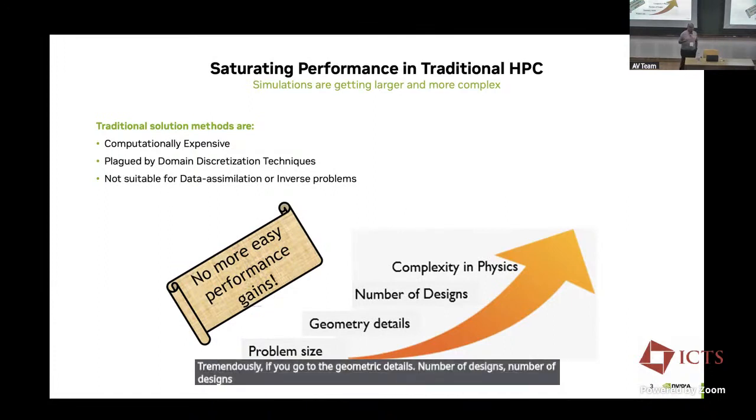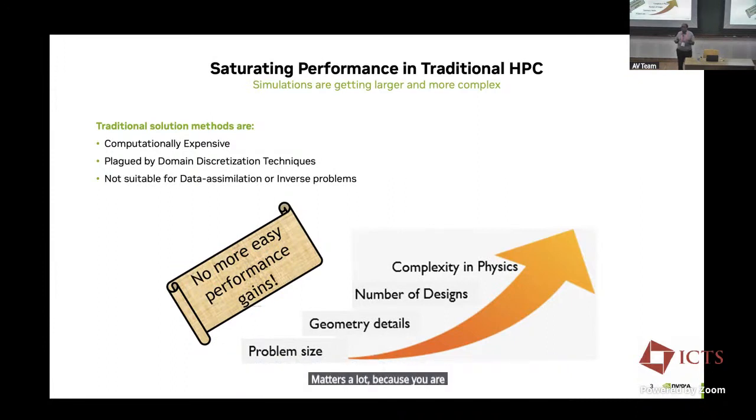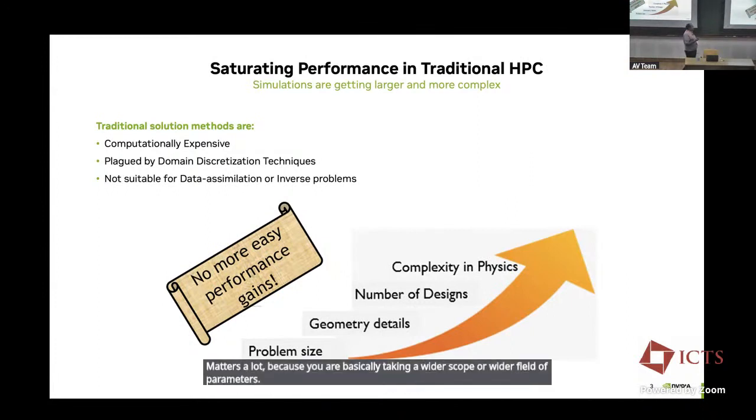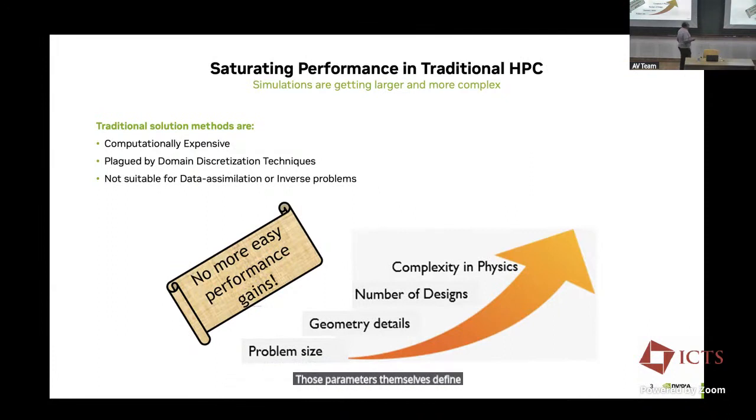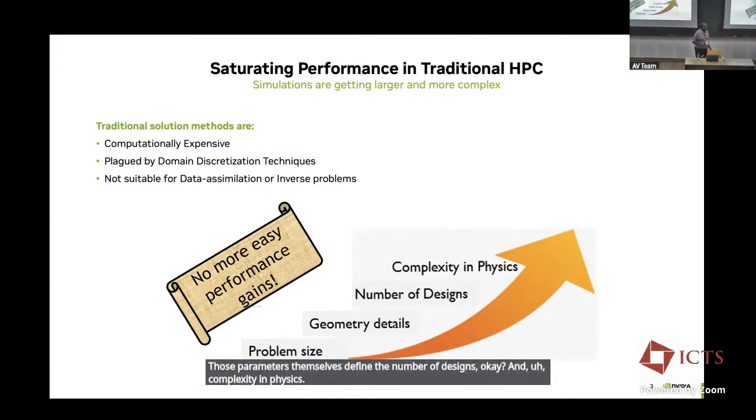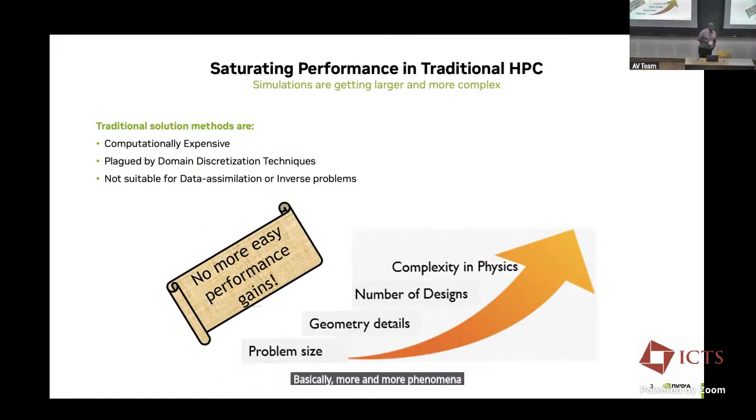The number of designs also matters a lot, because you are basically taking a wider field of parameters, and those parameters themselves define the number of designs, okay? And then there is complexity in physics: basically, more and more phenomena you want to capture.